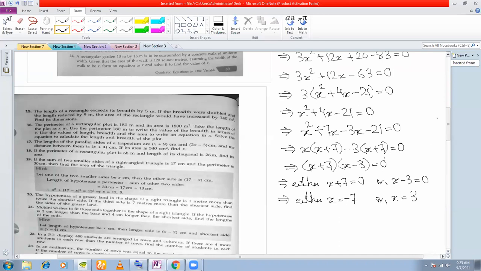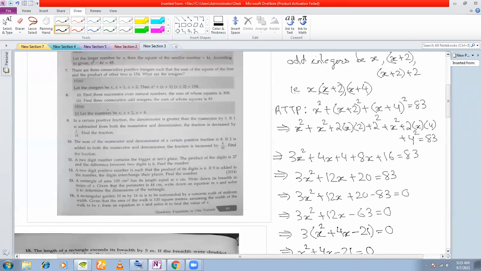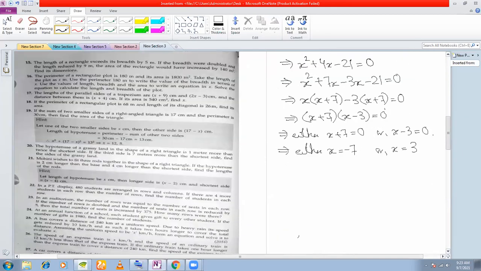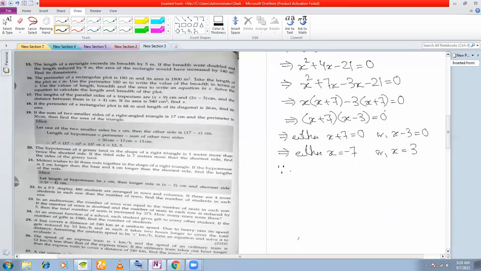Okay. So now if you read the question once again here, this was the question. Find 3 consecutive odd integers. So odd integers means we're talking about positive integers, right? So since x is positive, if they had said negative odd integers, then we would have taken the value x is equal to -7 also.